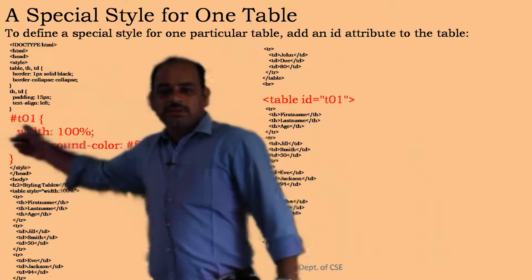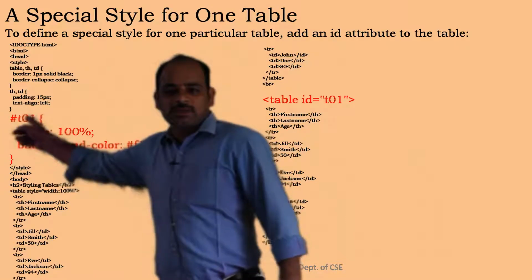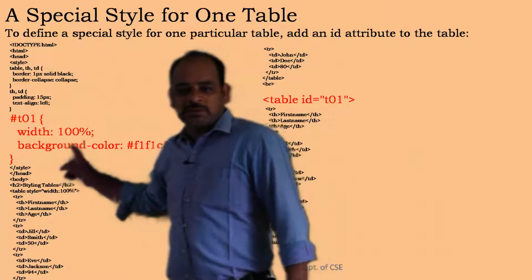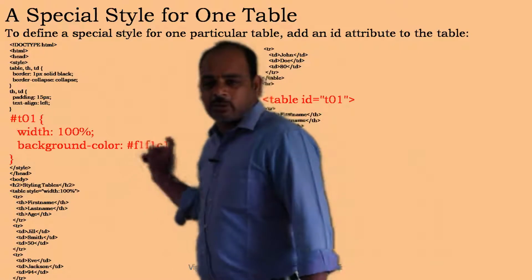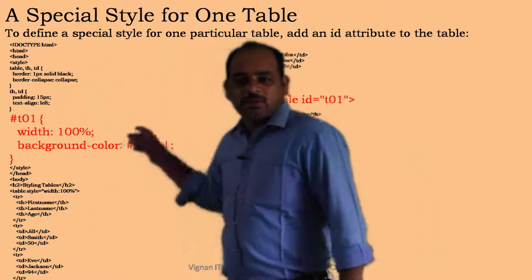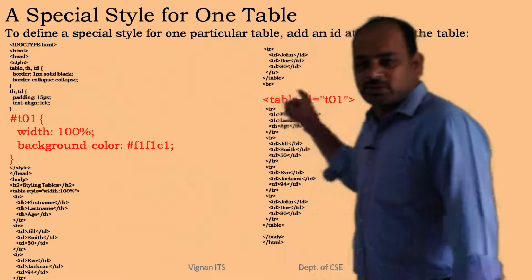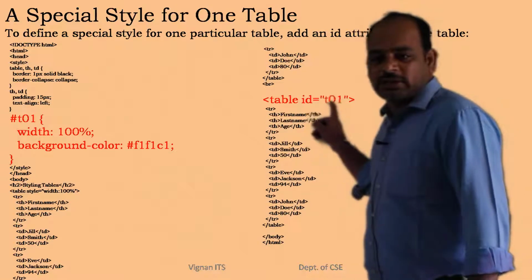So hash T01 is an identifier for the table for which you want to set the background color, which is spanned to 100% in the horizontal direction, and its background color is set to this color code. And the remaining things are the same here. So for which table you are setting the background color, you can see its ID is T01.